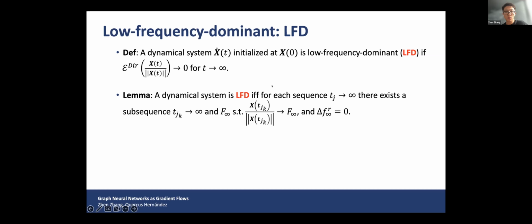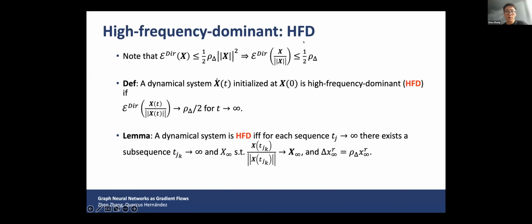Basically this LFD dynamics corresponds to the oversmoothing phenomenon, and they prove a lemma saying that if a dynamical system is LFD, then as time goes to infinity, there will be a subsequence such that x converges to the kernel of the Laplacian operator.